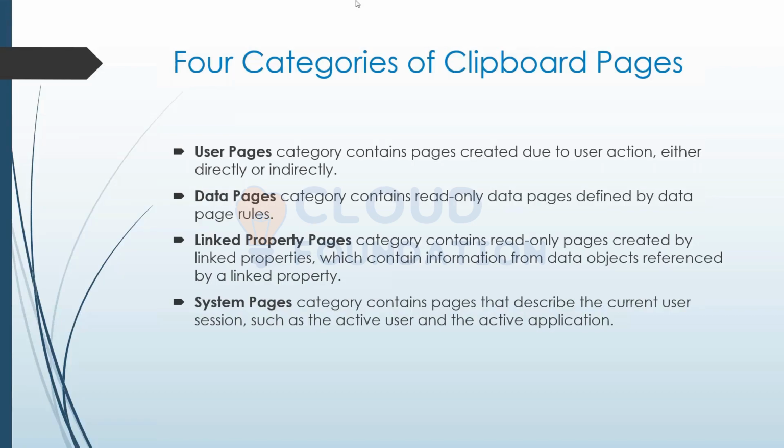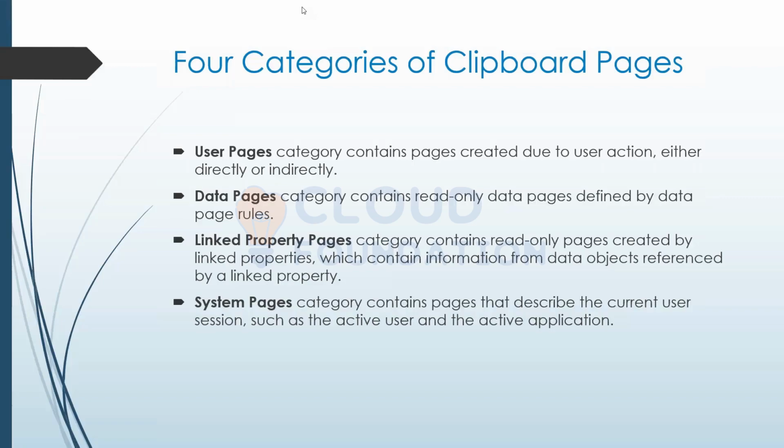And then I have something called data pages. This data pages is specific to read-only information within the application. Sometimes you might get some external data into your application, and that could be read-only data. In order to view that, you should check the data pages category.